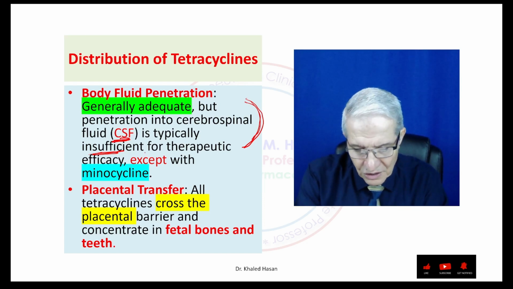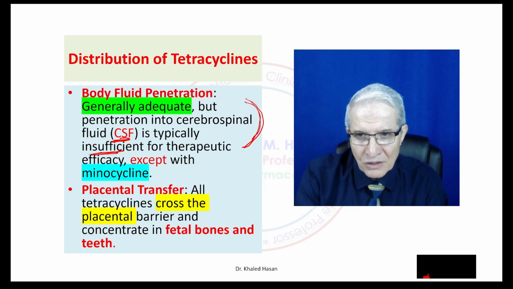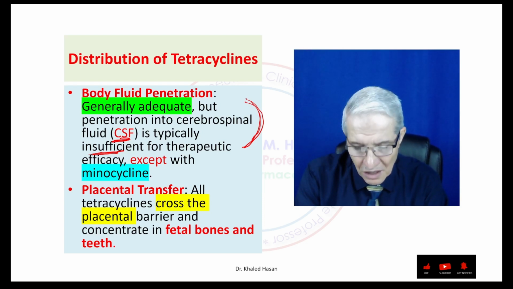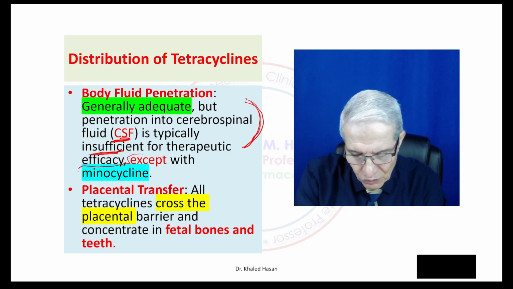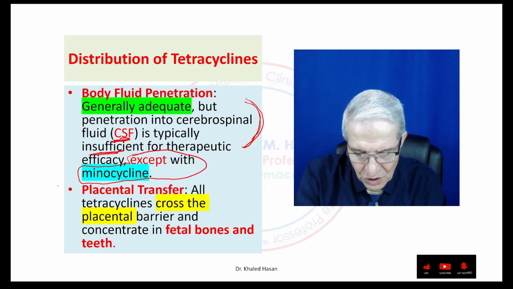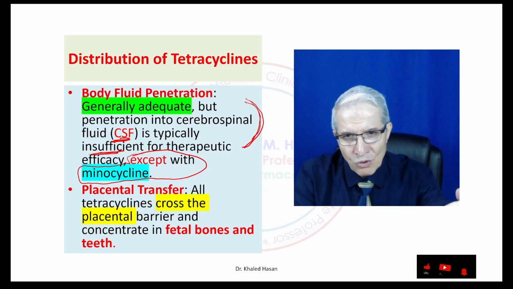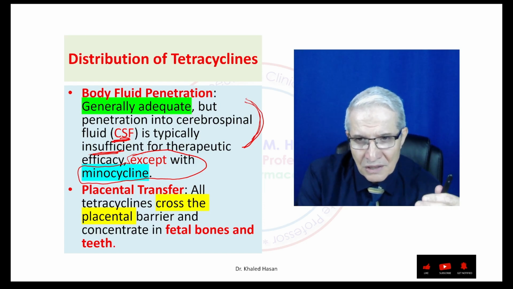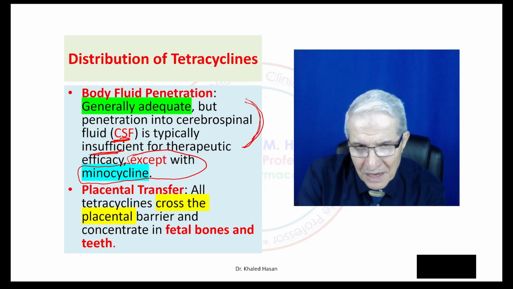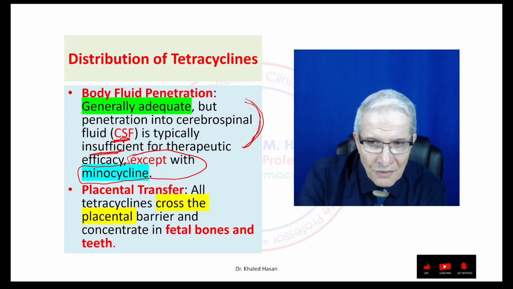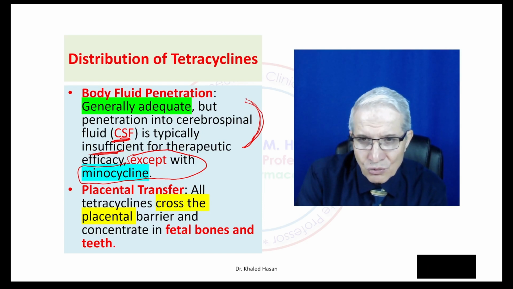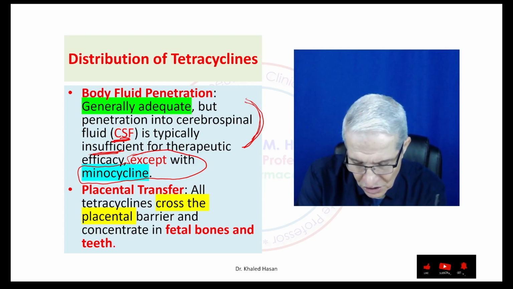There is one exception, not all tetracyclines. They remind us here we have minocycline. Minocycline is able to arrive at the brain with a sufficient concentration. If you remember, we have tetracycline, doxycycline, minocycline, demeclocycline. They said minocycline is able to arrive at the brain with the concentration, and the other tetracyclines are unable to arrive at the brain with enough concentration.